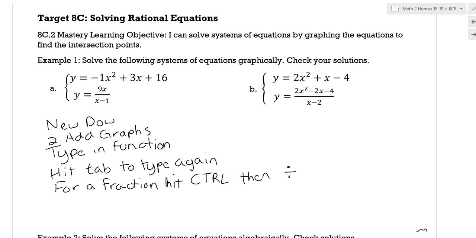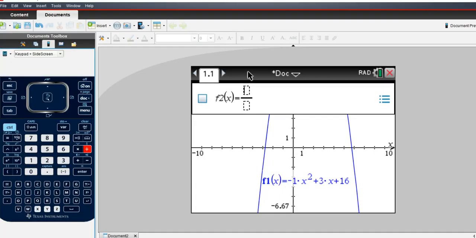Control, then your division sign, and it pops up very nice in order to do your fraction. So we have 9x.